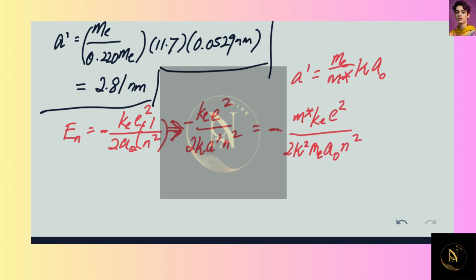So this is the expression that we have, in terms of the original Bohr radius. This is the modified one.